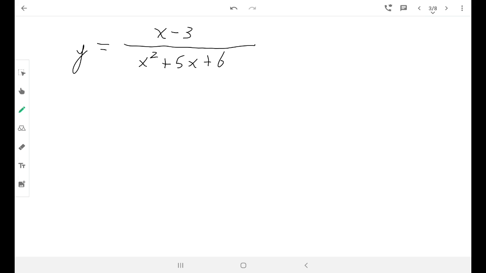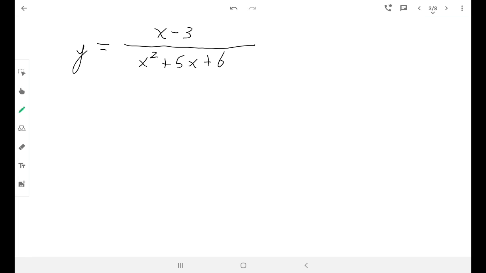That is not the case here. The bottom is 1 more, and that doesn't matter. Okay? So I'm going to have a situation of horizontal and vertical asymptotes here. So here's how I'm going to figure out what those are.